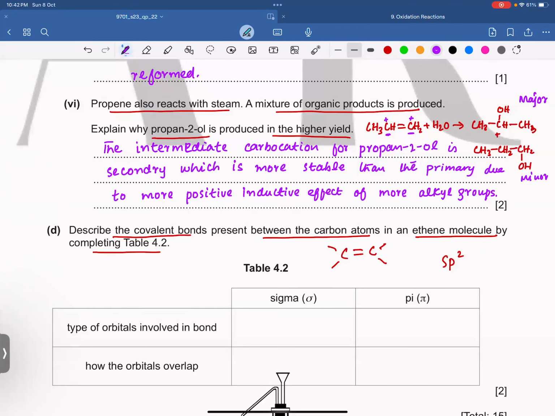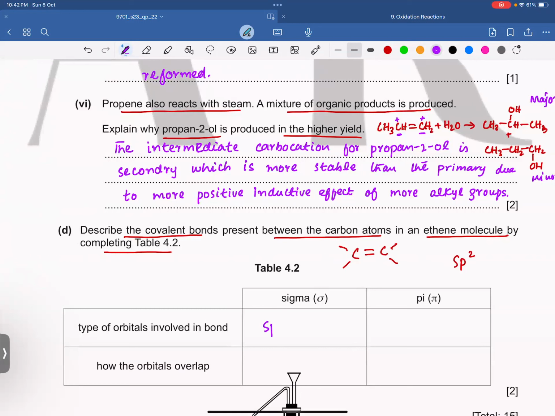So the sigma bonds are formed by the sp2 orbitals overlapping, and the pi bond is formed by the p orbitals overlapping. The sp2 orbitals overlap linearly to form the sigma bond, and the p orbitals overlap in a sideways manner to form the pi bond. Is this clear? Okay.